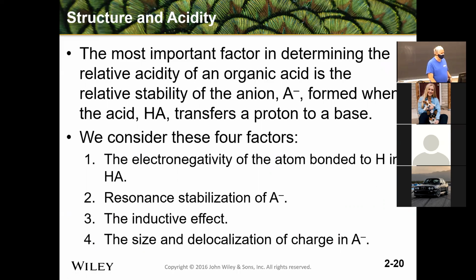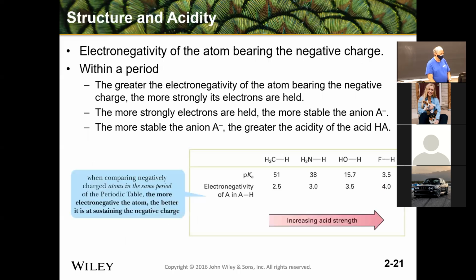Some of the things that affect the strength of an acid: the electronegativity of the atom bonded to H, resonance stabilization of the anion, inductive effect, and size and delocalization of charge.